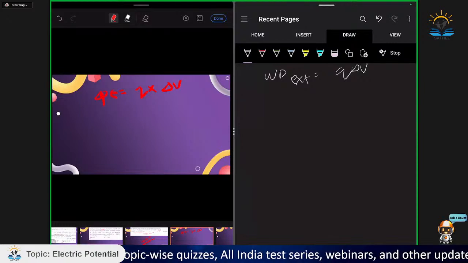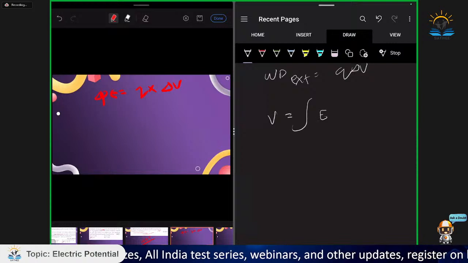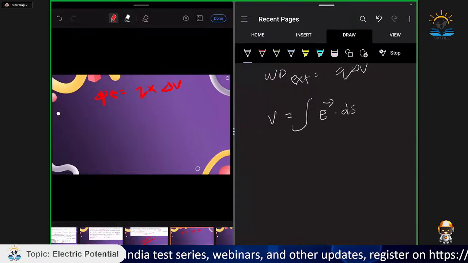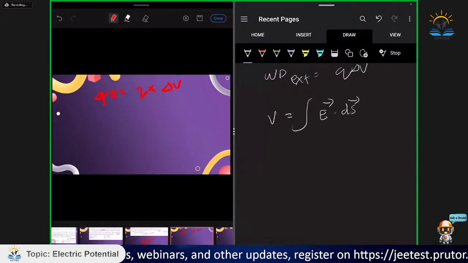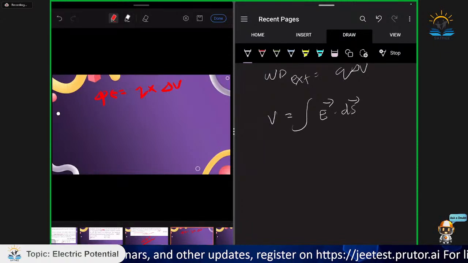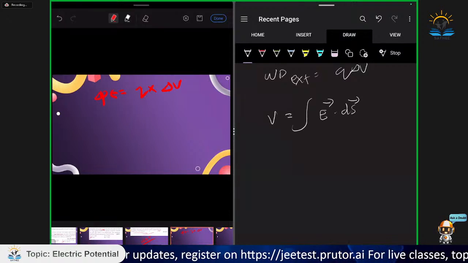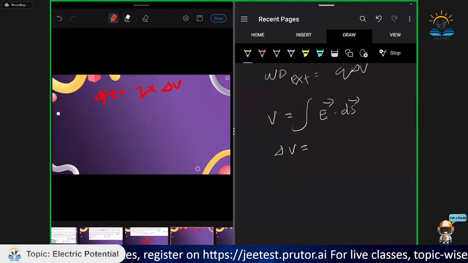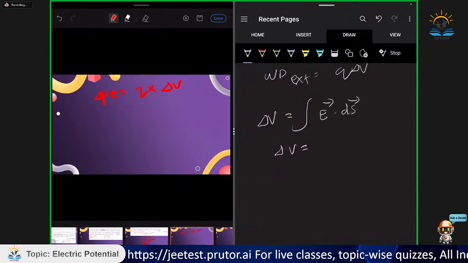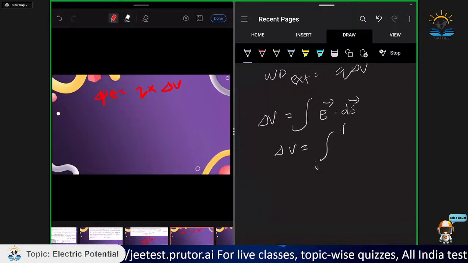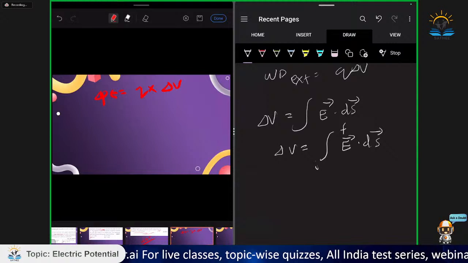The next is delta V is equal to integral E dot ds, where E is the electric field vector. So delta V is the integral from initial to final of E dot ds. These are our formulas.